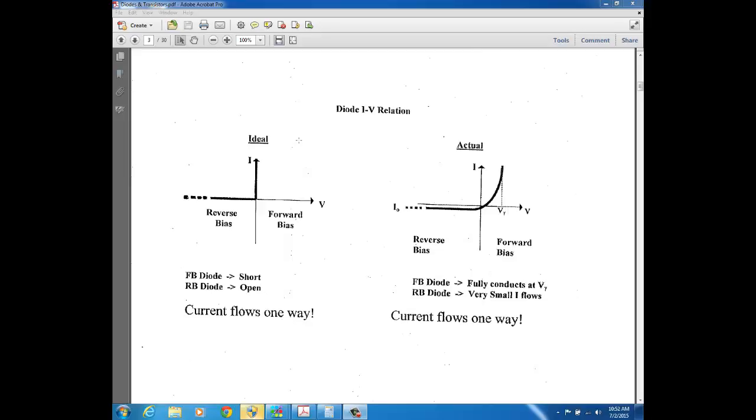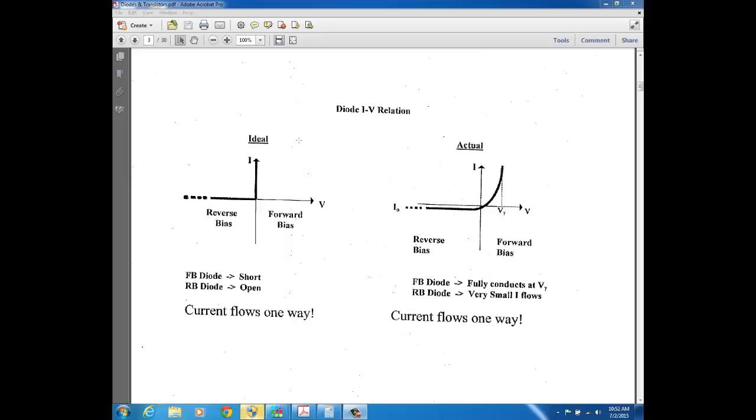For example, resistors are defined by Ohm's law: current equals voltage divided by resistance, or voltage equals current times resistance, as you know. Opens and shorts are also defined by current voltage relationships. A short has 0 volts across it, no matter what the current through it is, and an open has 0 current, no matter what the voltage across it is.